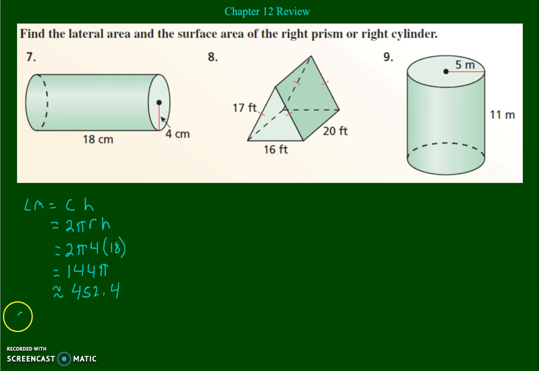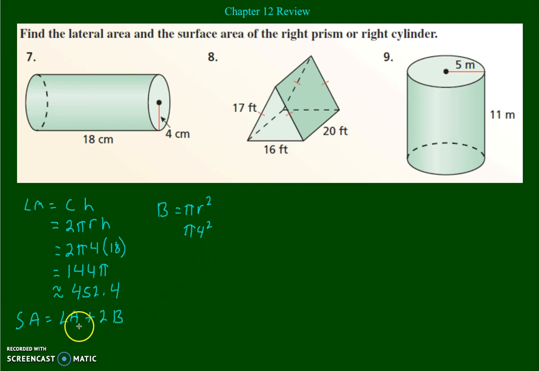Now the surface area is lateral area plus 2 times the area of the base. And we know that the area of the base is a circle, so the area of the base is pi r squared. So that's pi 4 squared.